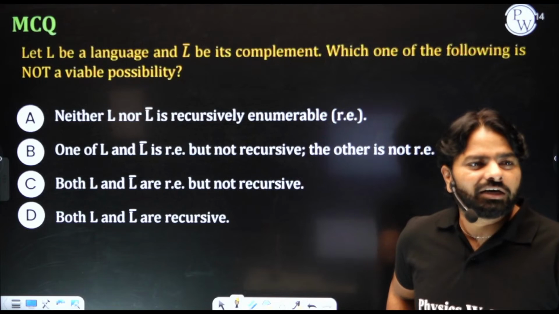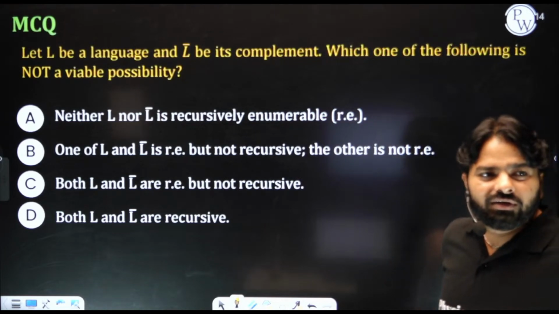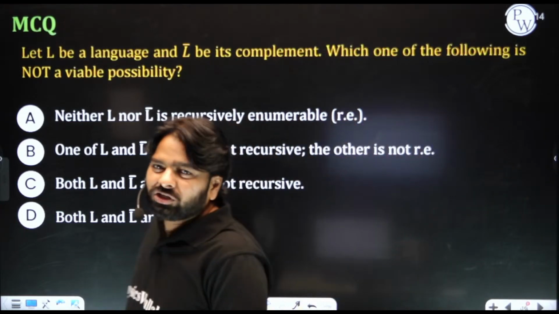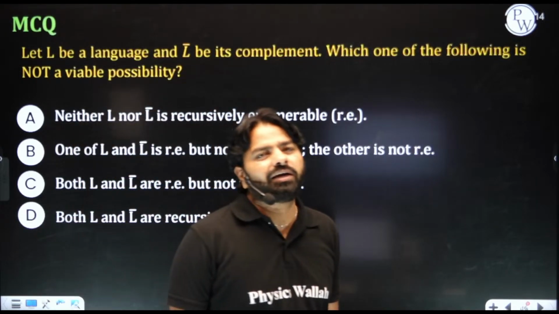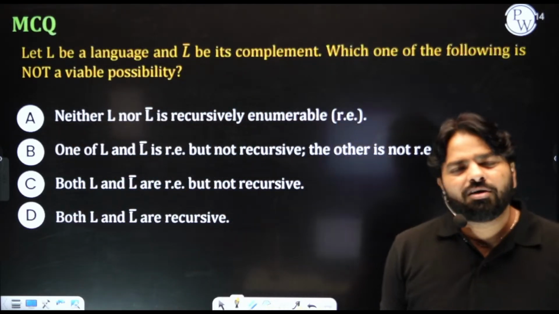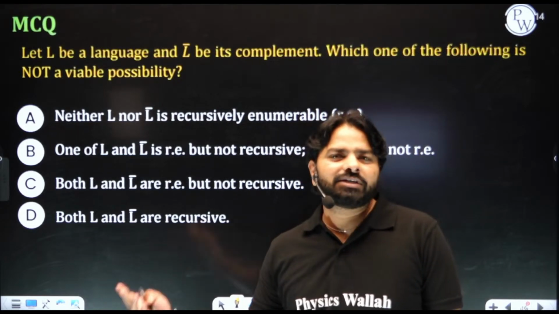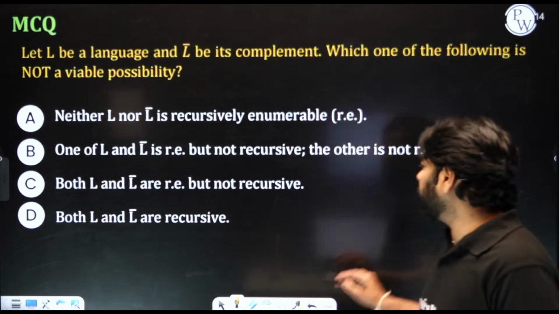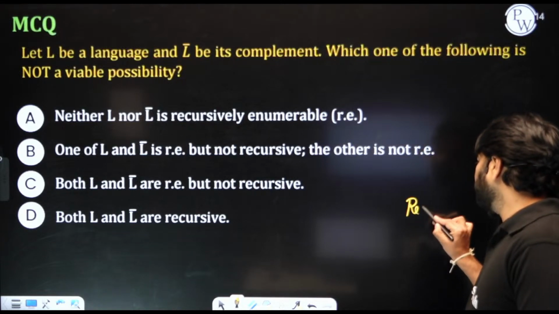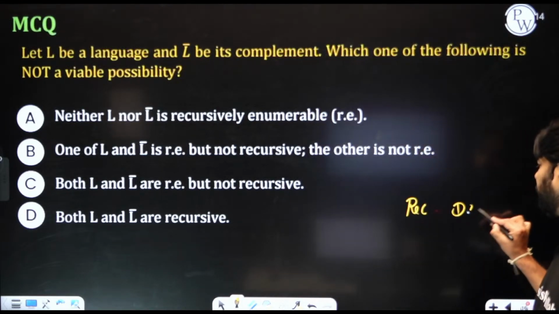Yes, both are different. Every decidable you can say partially decidable, but partially decidable need not be decidable. Partially decidable's other name is recursively enumerable. Decidable's other name is recursive. So you are able to understand recursive, right? That's the same as decidable.